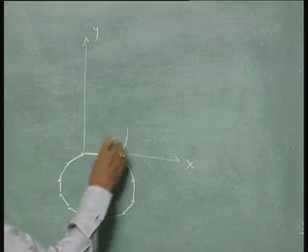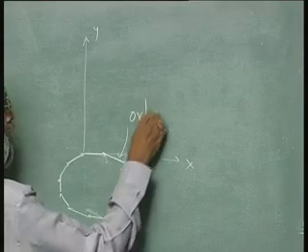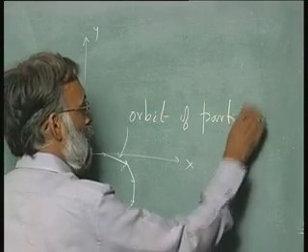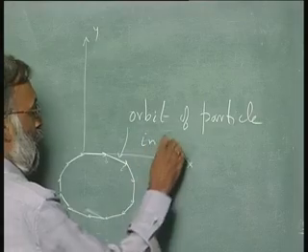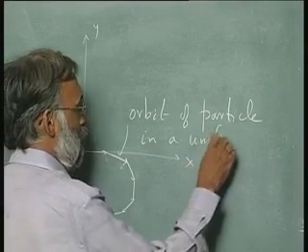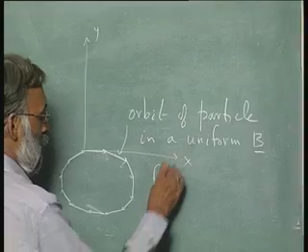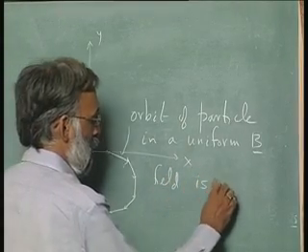So, the orbit of a particle in a uniform B field is a circle.